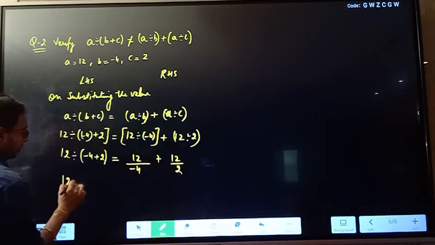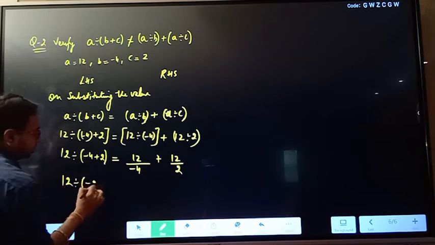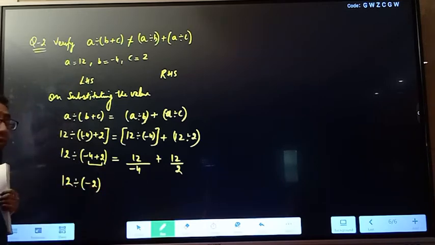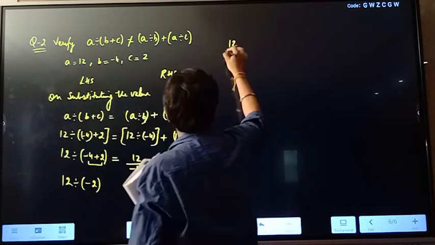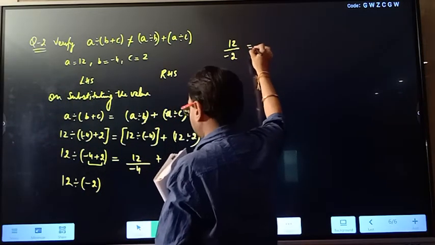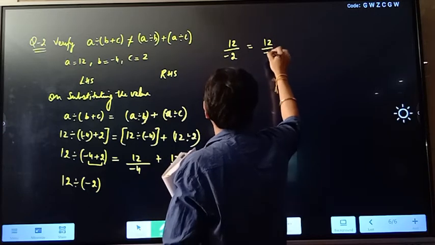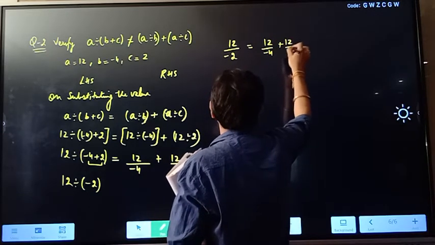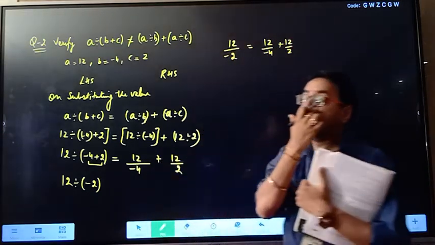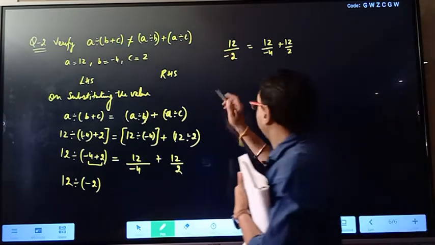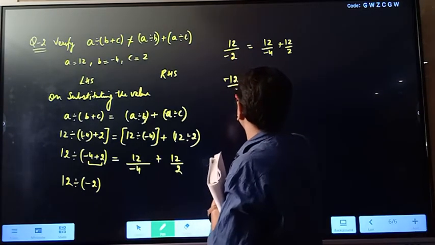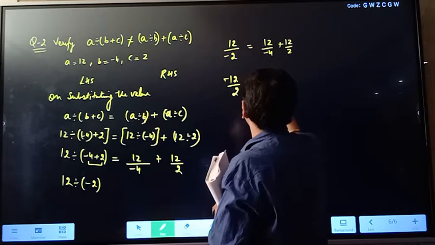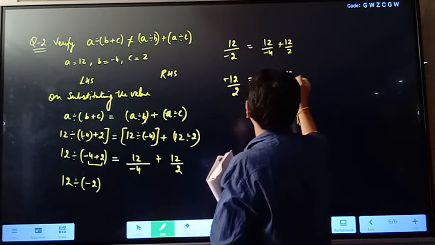Here on solving we'll be getting minus 2, because minus 4 plus 2, and since 4 is bigger, that's why. So 12 divided by minus 2 equals 12 divided by minus 4 plus 12 divided by 2. I told you whenever the denominator has a negative sign, we take it to the numerator, so it becomes minus 12 by 2 equals minus 12 by 4 plus 12 by 2.